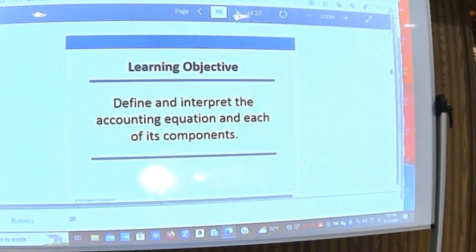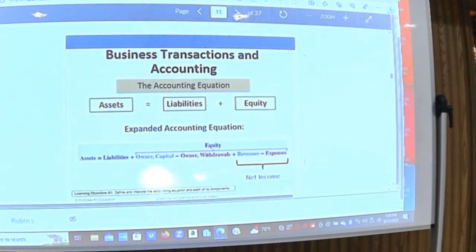Here's our first exposure to the accounting equation in each of its pieces or components. Assets always equal liabilities plus equity. Okay, so assets, resources owned by the company, liabilities, something we owe, and equity, the owner's interest in that business.